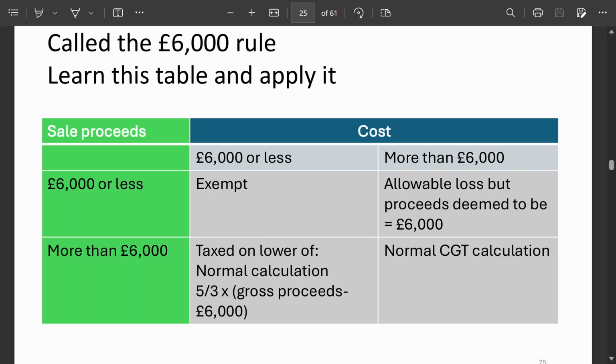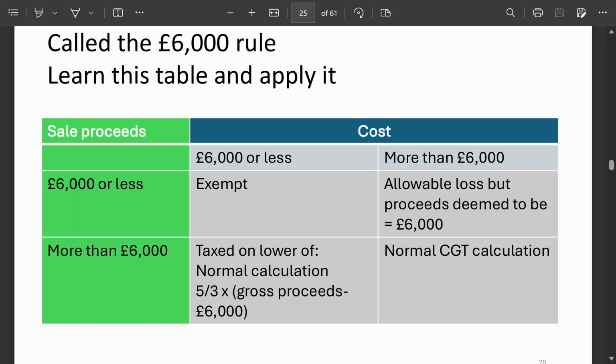This one is the complicated one, where you bought something for more than 6K, but you sold it for less than 6K. Okay, so in this case, obviously you have a loss. So they'll give you that loss. But in the case of the loss, they will assume that the sale proceeds are 6K.